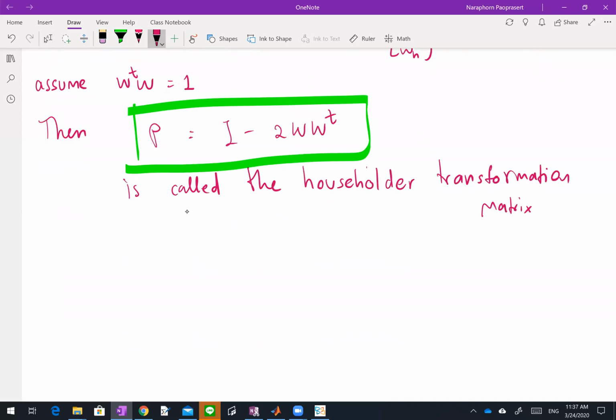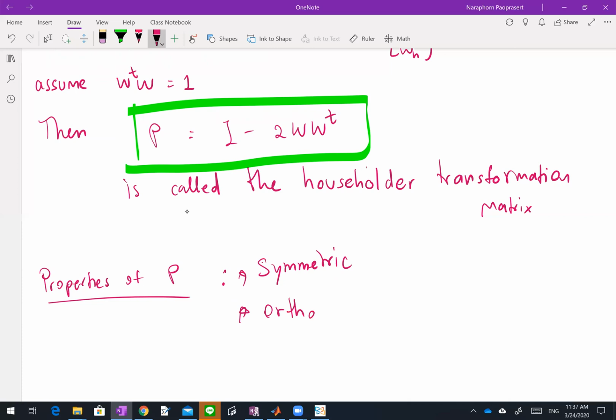The properties of P. First of all, P has to be symmetric. And the second is that P is orthogonal. When a matrix is orthogonal, it means that P equals P inverse equals P transpose.